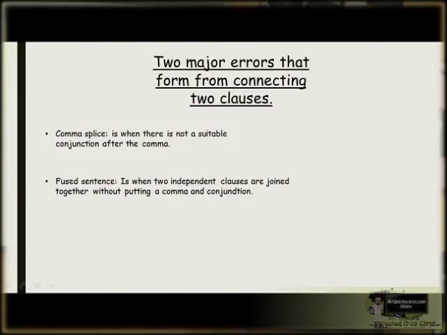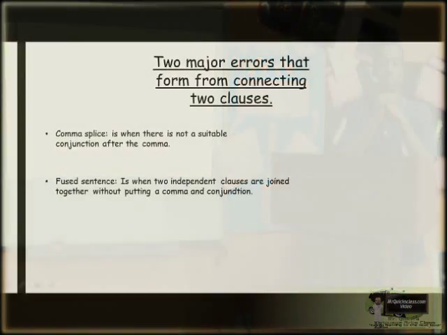There's not a FANBOYS conjunction, and not any other conjunction. Here's an example. Muhammad went to the store, he is now sleeping. There's not a conjunction there. That's how you know it's an error, because it's not a comma plus conjunction.